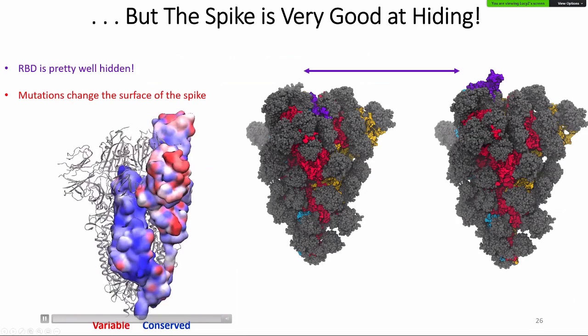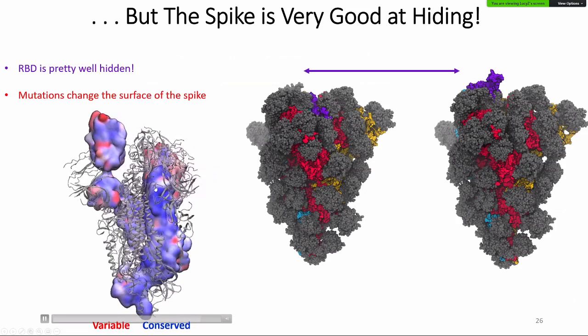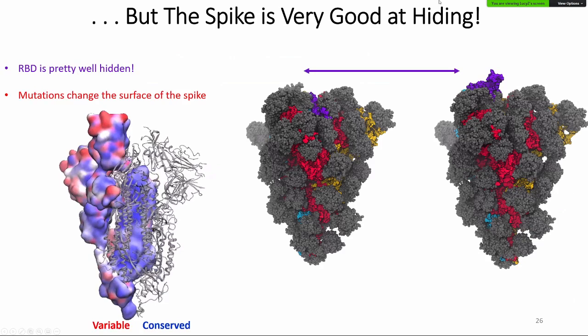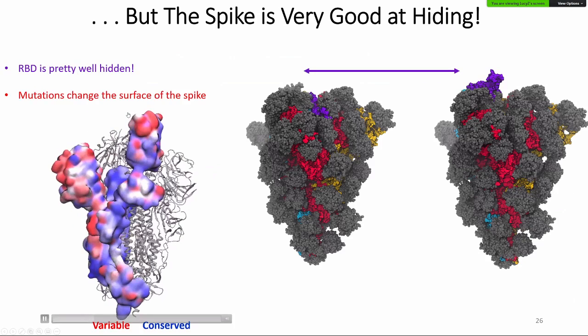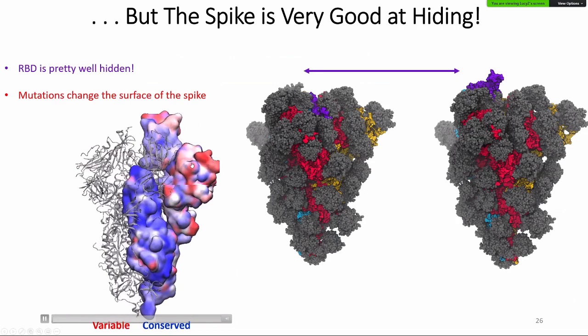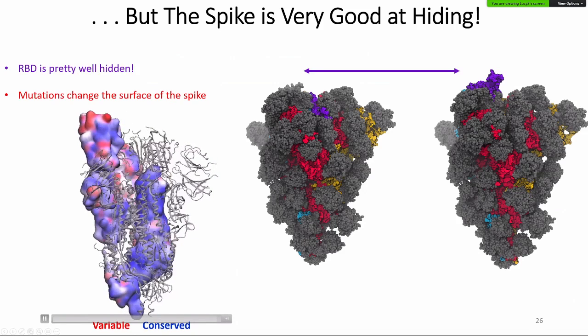And you can see the more solvent exposed surfaces, the parts that are on the outside of the spike, are red. And these are all parts where antibodies might want to bind, but they can't because they change. And that changes the physical shape of the spike, but it doesn't change its function.